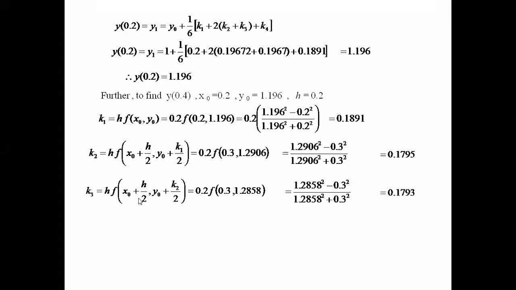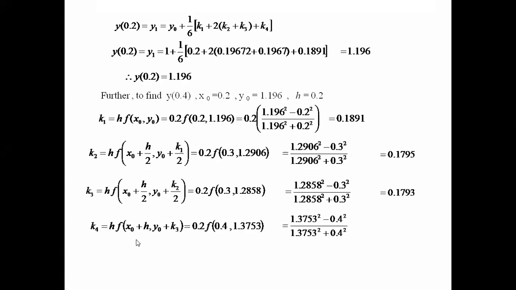How to get y of 0.4? To find the value of y at 0.4, you choose this value as x naught and the new value as y naught. Once again, find k1, k2, k3, k4 using the same relation. Only the starting point changes: x naught is 0.2 here, and y naught is 1.196. Under this condition, again get k1, k2, k3 and k4.